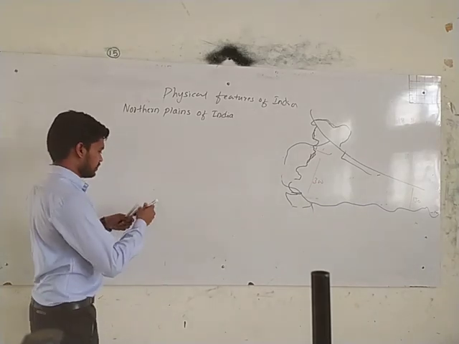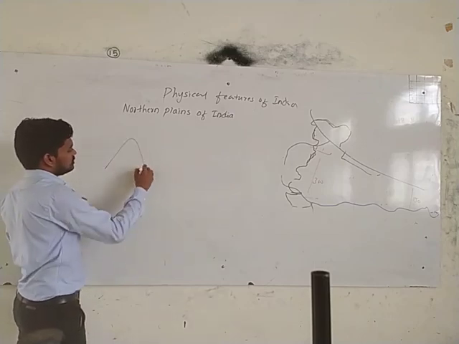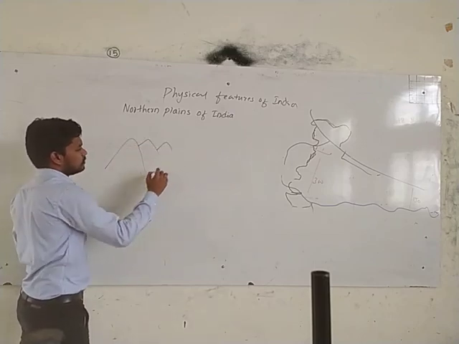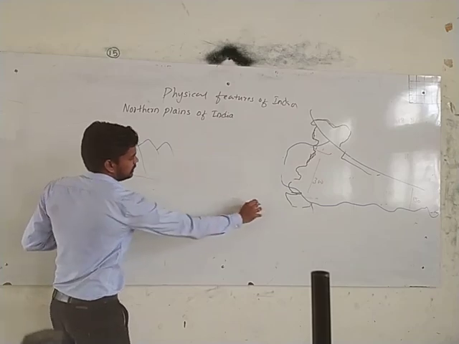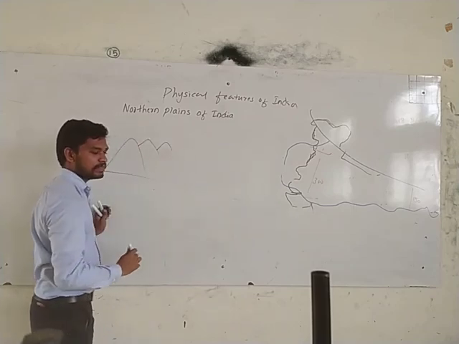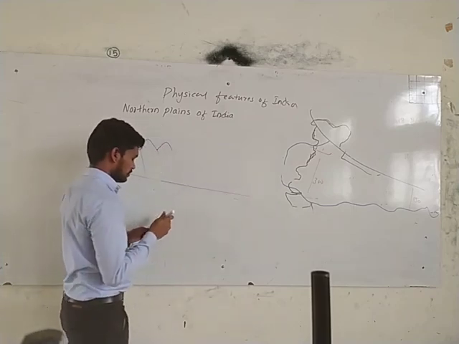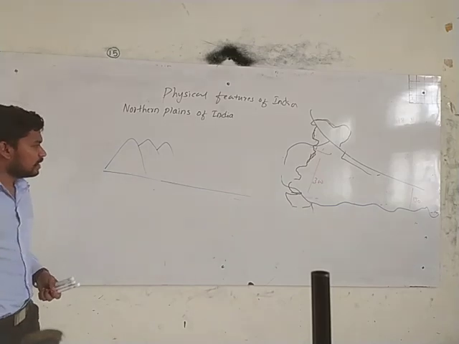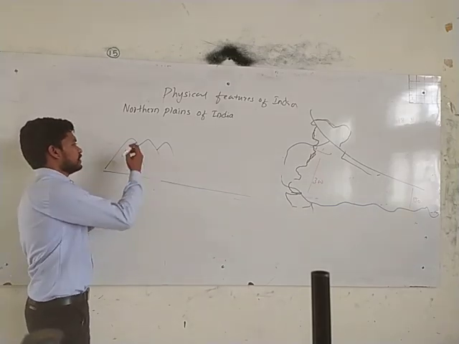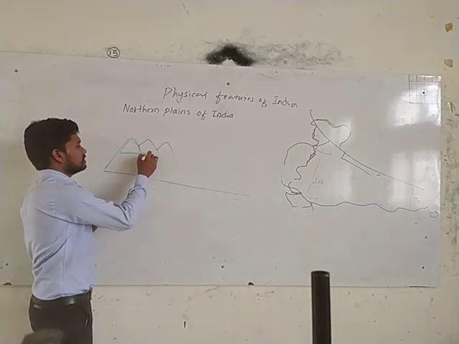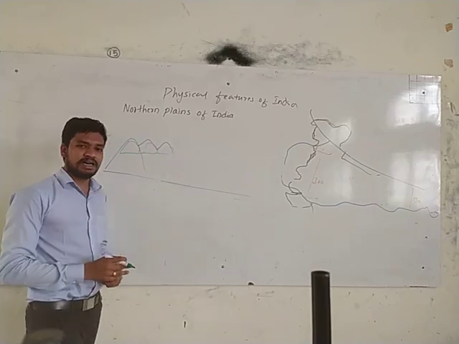So here it's the Himalayan mountain ranges. As you go towards the south direction, you will get a plain area. From the peak towards the mid of the Himalayan mountain ranges is covered by ice.